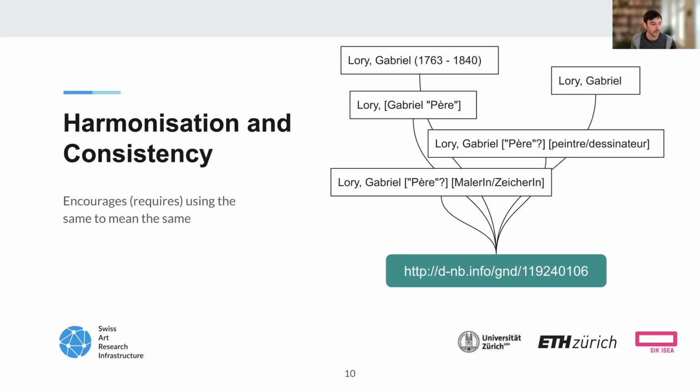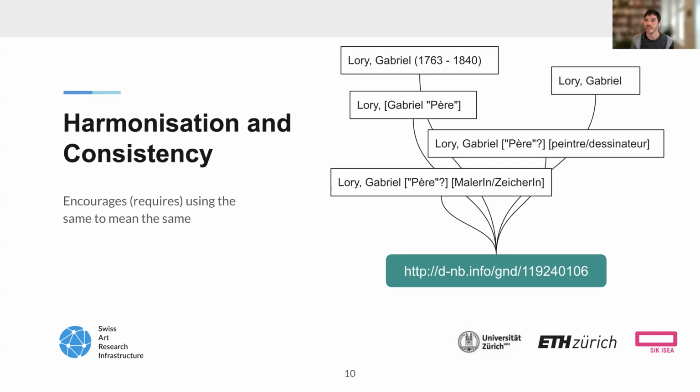It is also very useful for research in the humanities because it encourages the use of reference data. It doesn't require it, but if you already need unique URIs, unique identifiers for everything, you might as well use the ones which are already there. And we very often see in databases, for example, several text fields with different spellings used for the same artist.